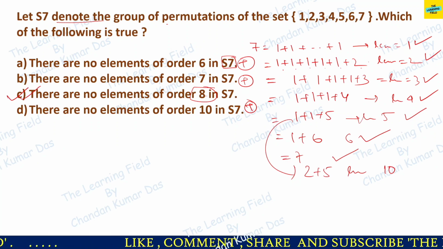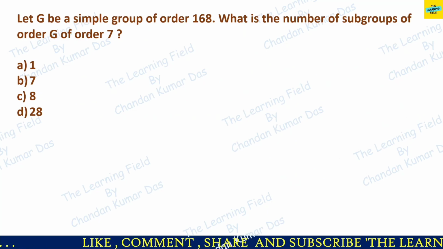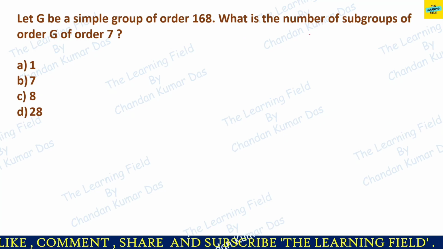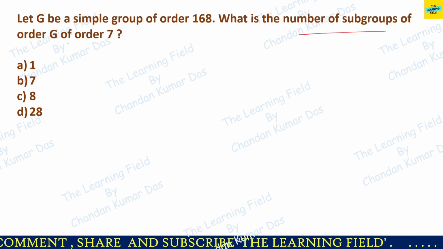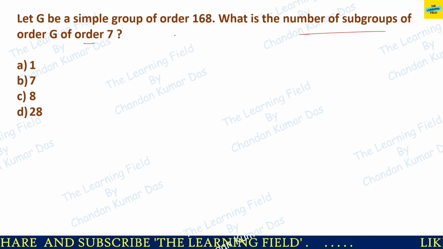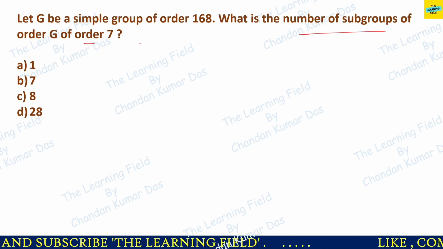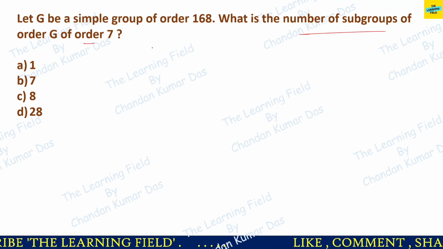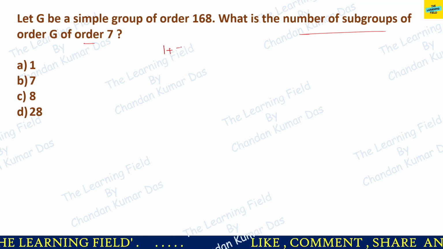Okay, the next question is: let G be a simple group of order 168. Then what is the number of Sylow 7 subgroups of G? Since G is a simple group, we find the Sylow 7 subgroups. Now we find 1 plus 7k.